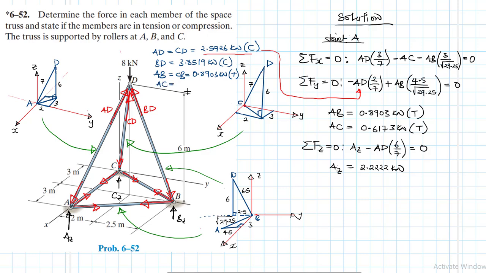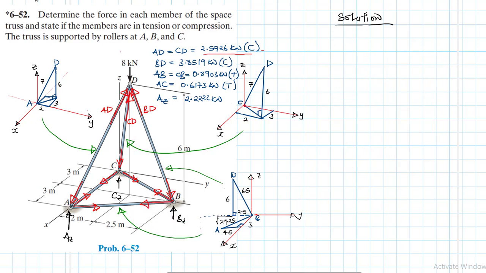AC standing alone. AC is equal to 0.6173 kilonewtons and is in tension. And we found what AZ is. Of course, were we asked to find AZ? No? Okay, we just found it anyway. It's 2.22 kilonewtons. All right.